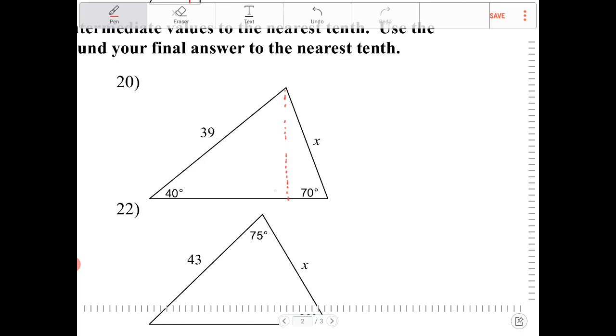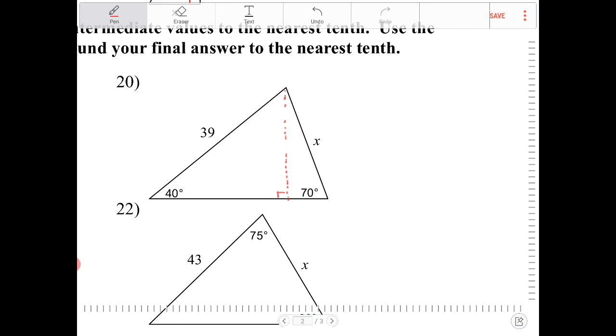Why am I doing this? Well, that's because I'm creating a right triangle. Why am I creating a right triangle? So that I can then apply concepts of sine, cosine, and tangent. So with that in mind now, since that line that I drew here is being shared by the triangle on the left and the triangle on the right, it makes sense for us to figure out what that altitude is.